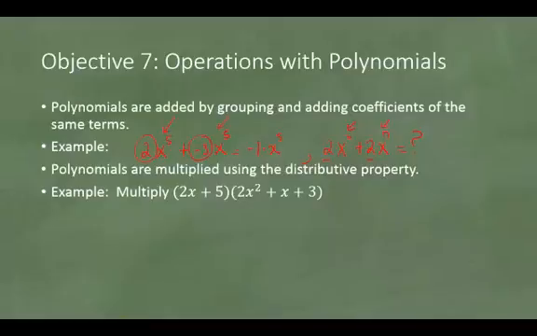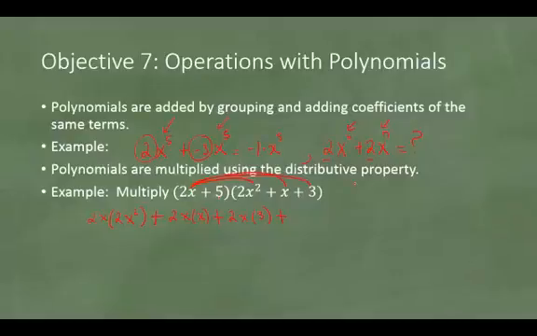Polynomials are multiplied using the distributive property. This is going to take practice, but you should always write this out. As an example, to multiply 2x plus 5 with 2x squared plus x plus 3, we're going to take 2x times 2x squared, plus 2x times x, plus 2x times 3, plus, then move on.